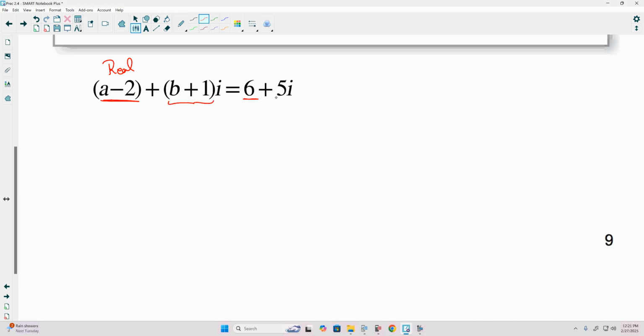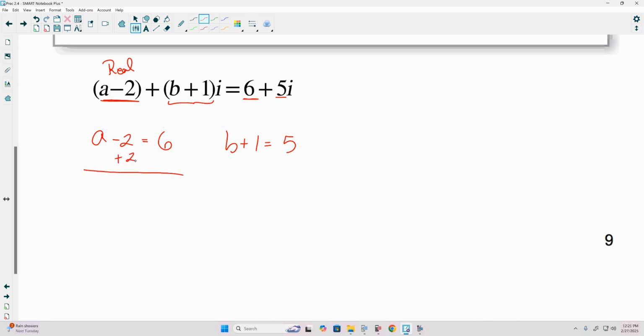The bi part is going to be the number in front of i. So really we're saying here that a minus 2, when simplified, should give us 6, and b plus 1, when simplified, should give us 5.